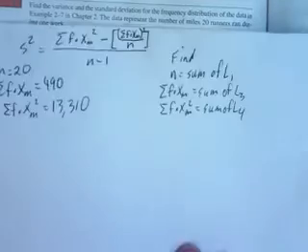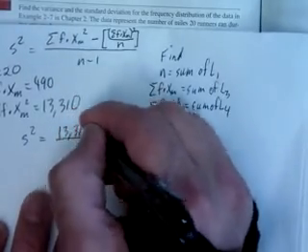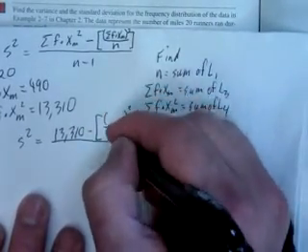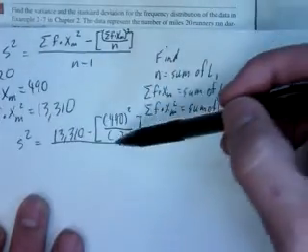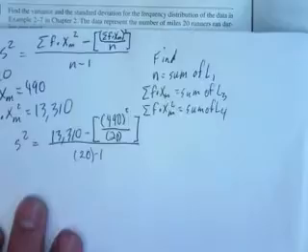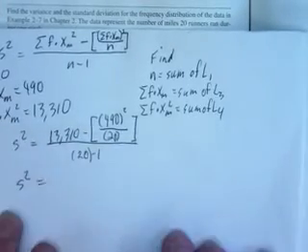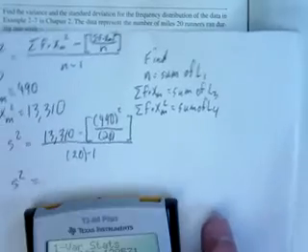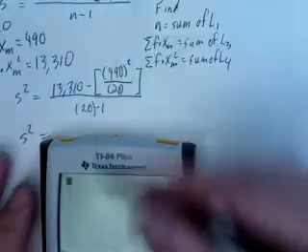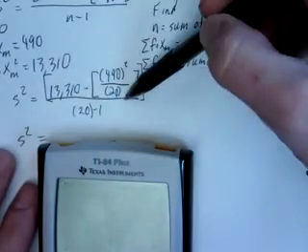To use the formula that says your variance for grouped data is equal to the fraction of the summation of your frequencies times your class midpoint squared, minus the fraction that has the summation of your frequencies times your class midpoint, that sum squared, divided by your sample size, the sum of your frequencies.